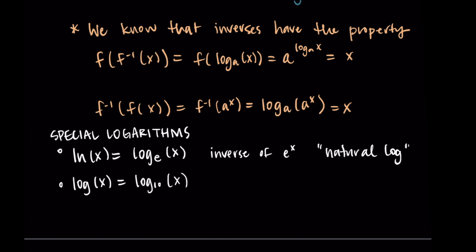The numbers repeat themselves every 10 basically, right? So that's why base 10 is our standard way of doing things. And so if there's no base written, you can assume it's base 10. So this is the inverse of 10 to the x. And this is our common log, is what I would call it. It's our common way of counting, so it's our common logarithm.